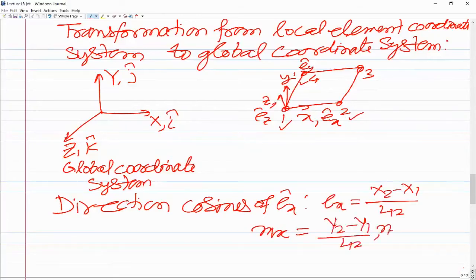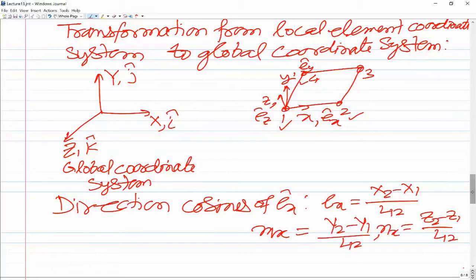Here l, m, n are the direction cosines, and x means for the x-axis. So nx would be equal to Z2 minus Z1 upon L12. Here capital Xi, capital Yi, and capital Zi are the global coordinates of the ith node.